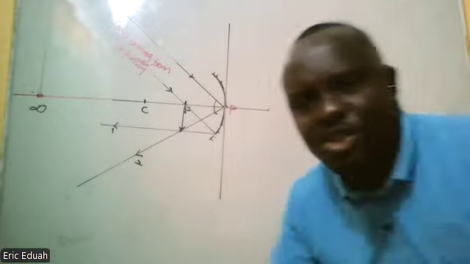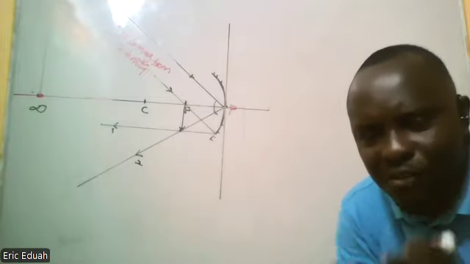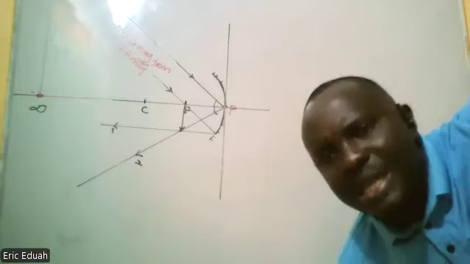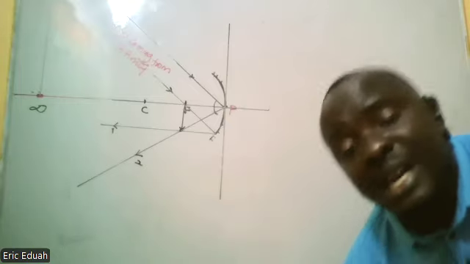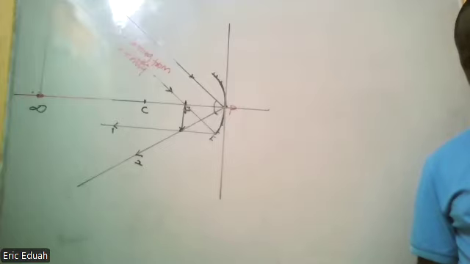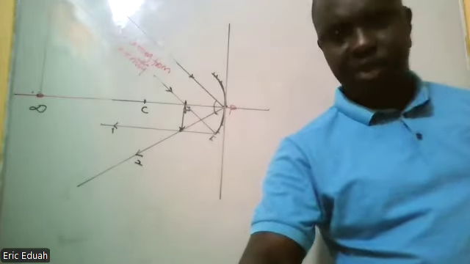So look at the size of the moon captured at the principal focus of the lens. Very, very small. Meanwhile, the moon, the stars, very, very large. Okay. So that's the explanation.